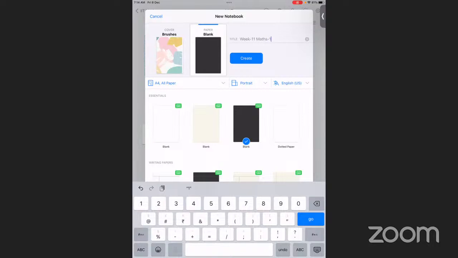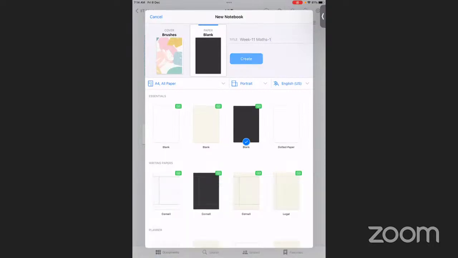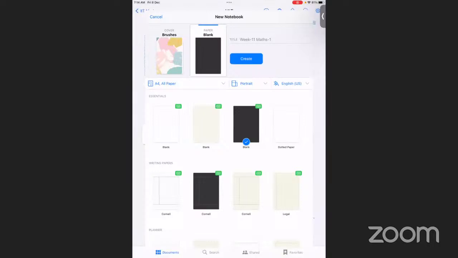You're able to see my screen, right? Yes, sir, visible.